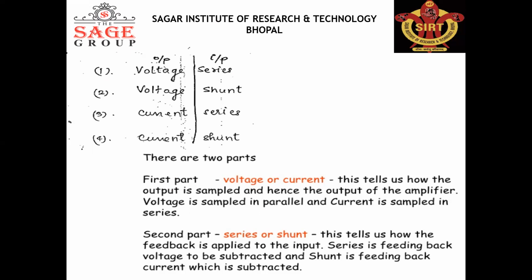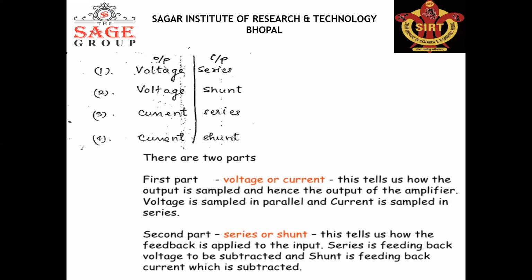But if the energy is sampled in current form, then the output of the amplifier should be connected in series with the input of the feedback network. So the first part, voltage or current, shows how we do the sampling, either in voltage form or in current form, right?